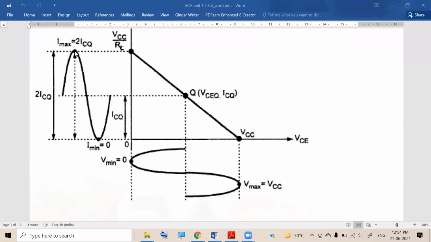So from here to here, what will that be? Positive half cycle plus negative half cycle, the entire I max minus I min. Only the positive half cycle, how much will that be? Please answer. Tell me in terms of I max and I min.